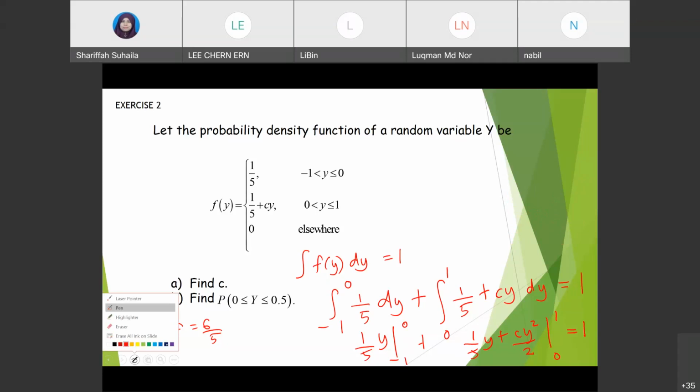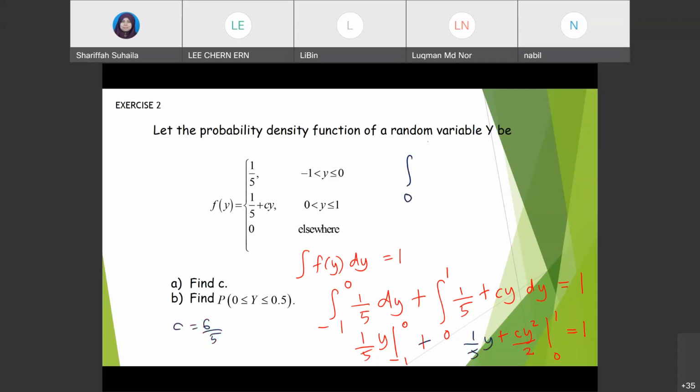So you get C equal to 6 over 5. Now you want to integrate from 0 up to 0.5. So where is the range? What we have is from minus 1 up to 0, and 0 up to 1. But now you just want to find the probability between 0 and 0.5. So you just integrate from 0 to 0.5.